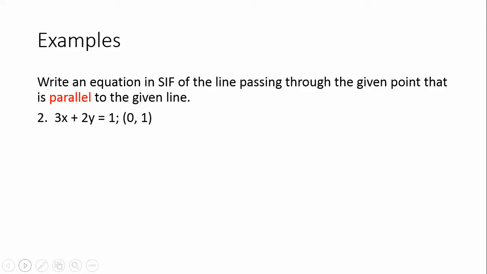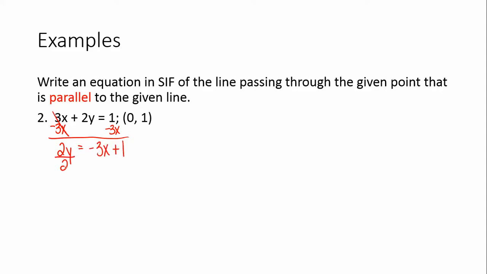Example 2, we have 3x plus 2y equals 1. And our line is going to go through the point (0, 1). So first we need to find the slope of the given line, and we do that by solving for y. So we're going to subtract 3x from both sides. We get 2y equals negative 3x plus 1.